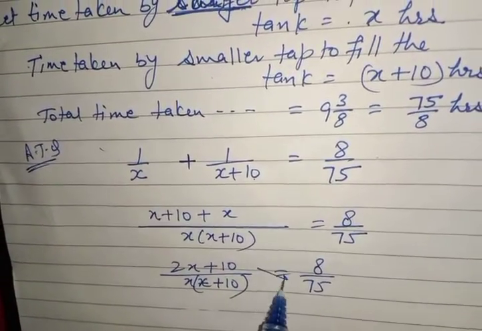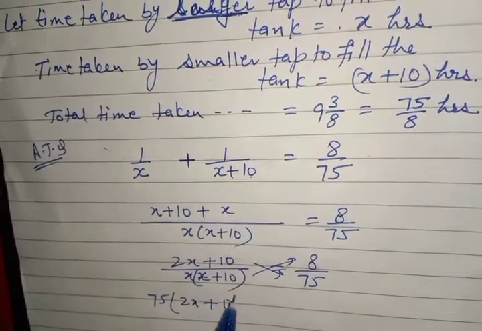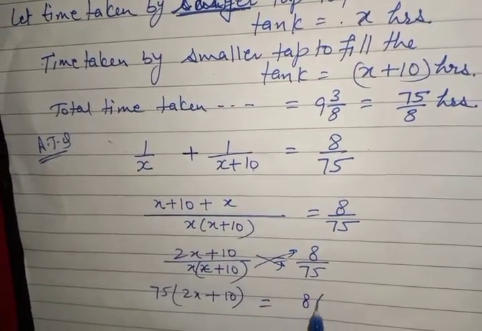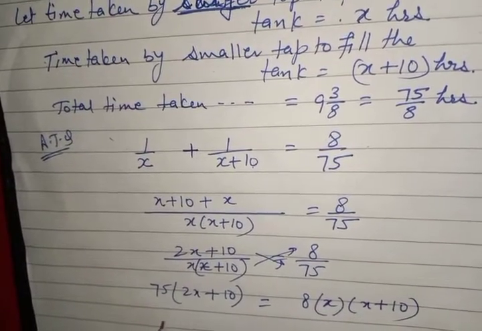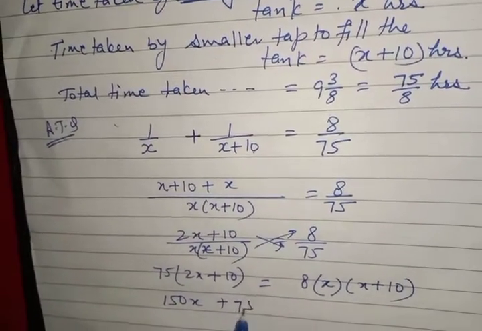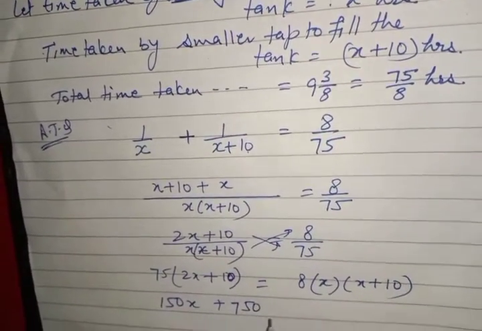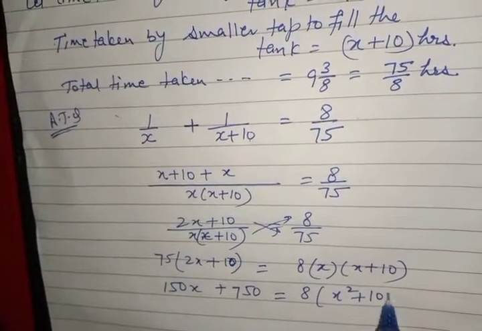Now cross multiplying, we'll get 75 times 2x plus 10 equals 8 times x times x plus 10. So we'll get 150x plus 750, because it is 10, equals 8x square plus 80x.